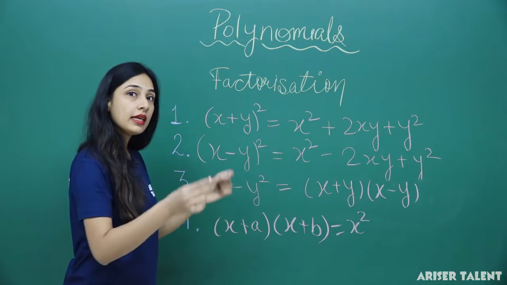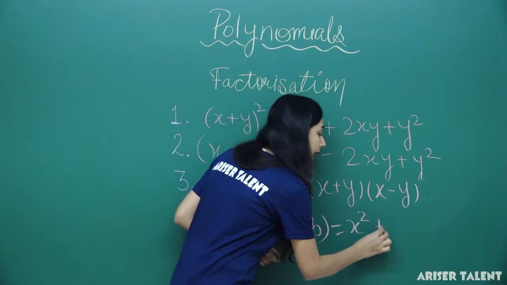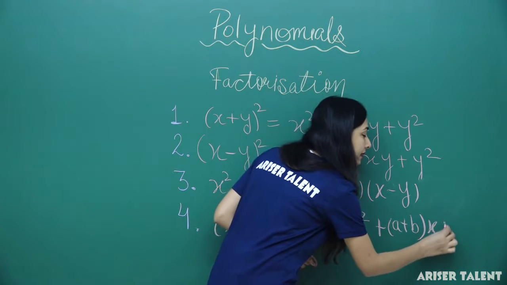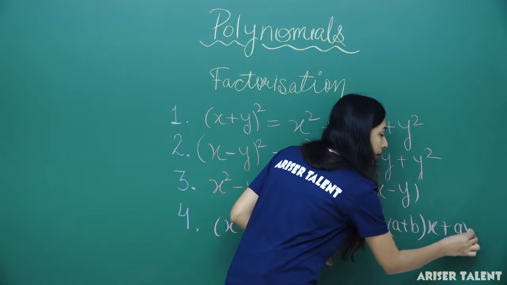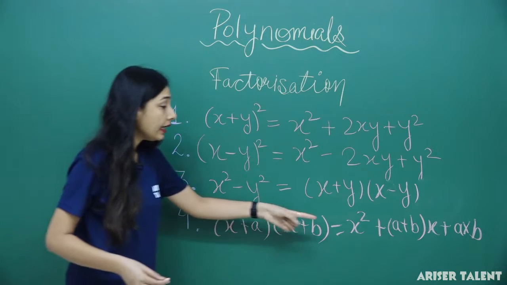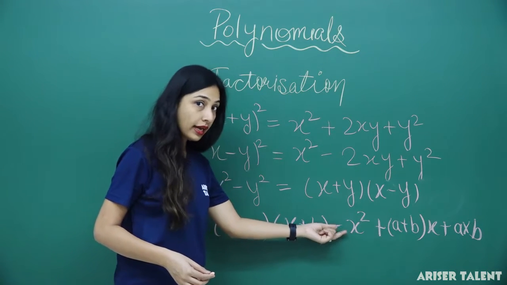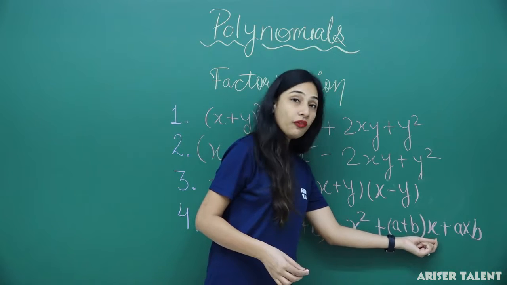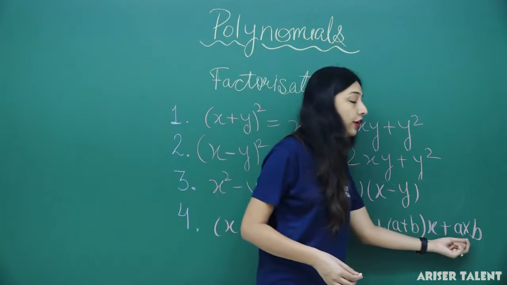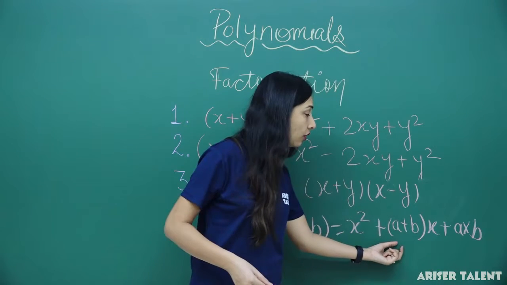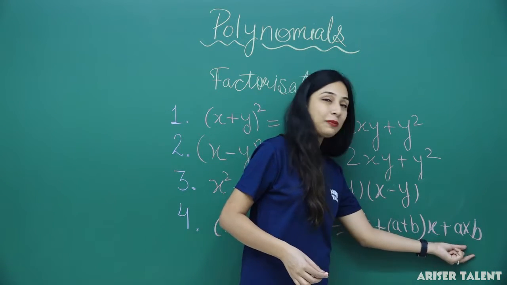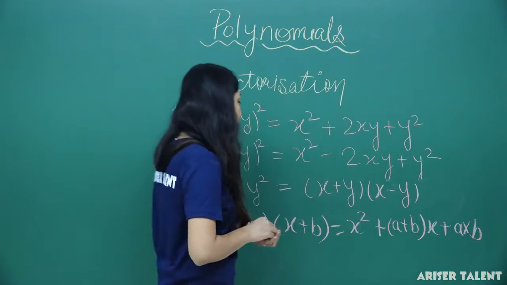The first term is x square, the second term is of x, where you are adding the constants, and the third term is where you are multiplying the constants.